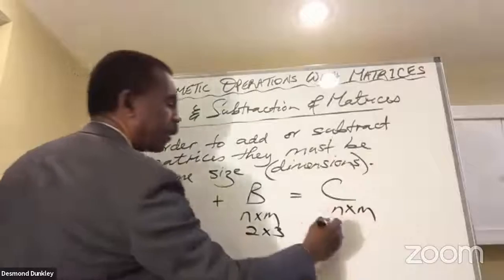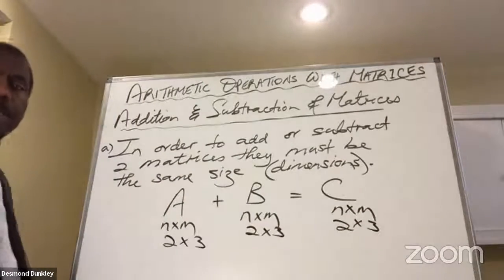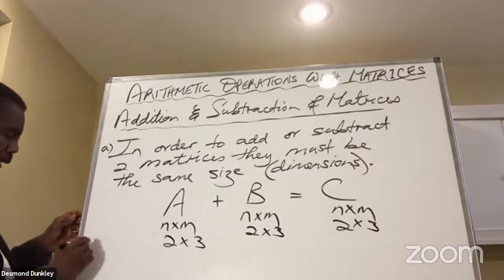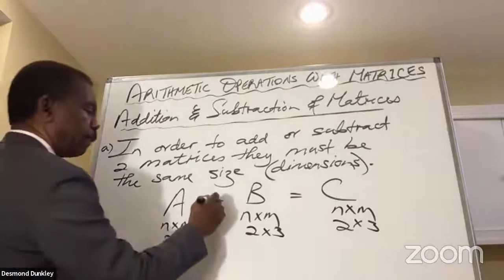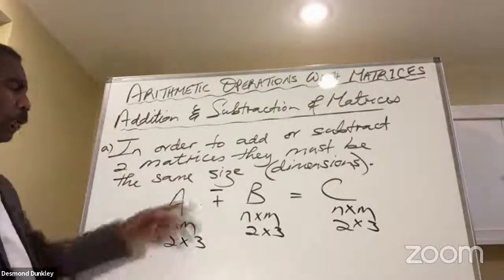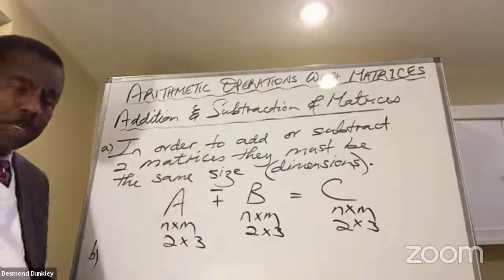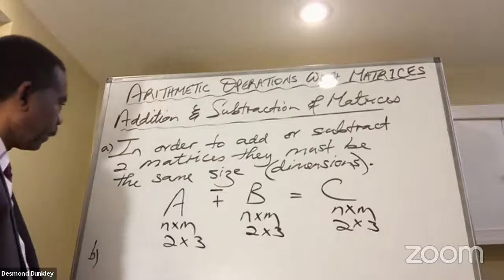And the result is going to be a 2 by 3 matrix. Okay? And the next thing is, of course, it's plus or minus. Either way, whether you're doing the plus or the minus, they have to be the same size.